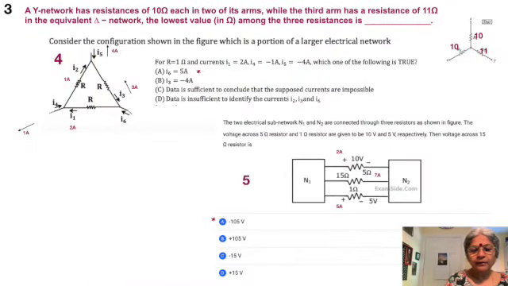We see that the 10 volt across 5 ohms means 2 amps entering at the positive terminal, and 5 volt across the 1 ohm resistor means 5 amps entering at the positive terminal.